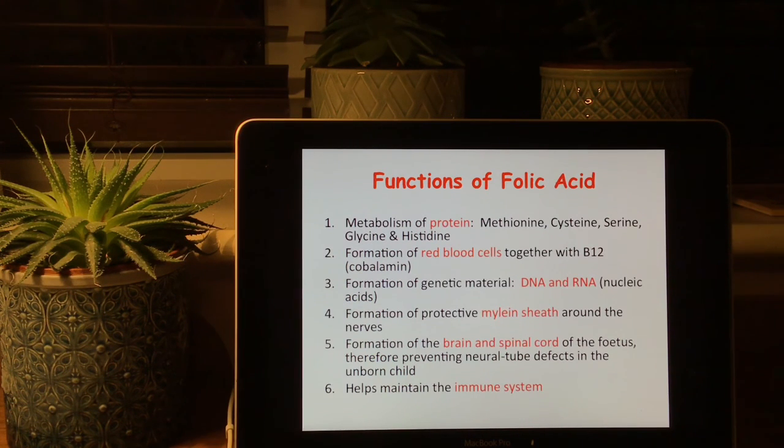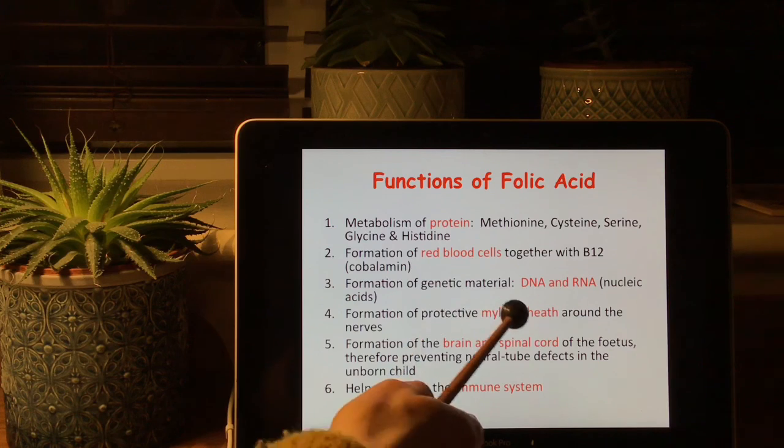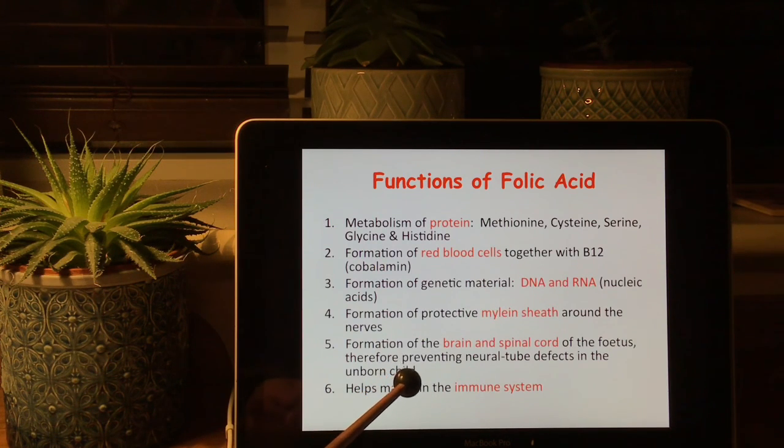Number 4, we need folic acid to help create the myelin sheath, which is around our nerves. And this myelin sheath is very important to protect nerves from electrical impulses. And also, when this is correctly structured, it speeds up the function of the nerves as well. So extremely important. We've already covered the formation of the brain and the spinal cord in the fetus, therefore preventing neural tube defects. And folic acid also has a role in maintaining a healthy immune system.